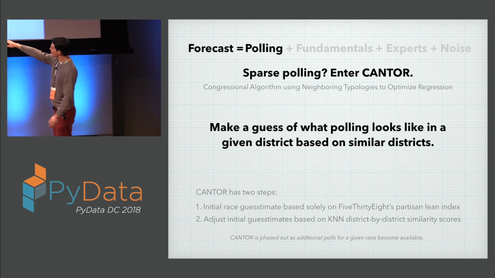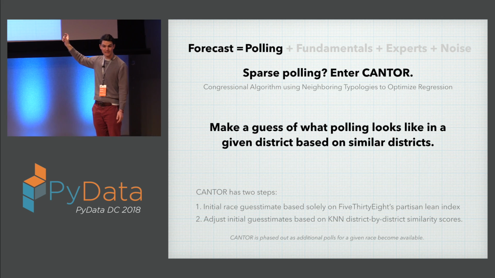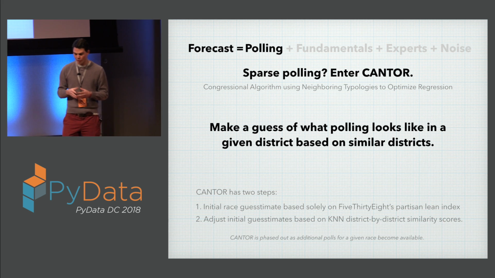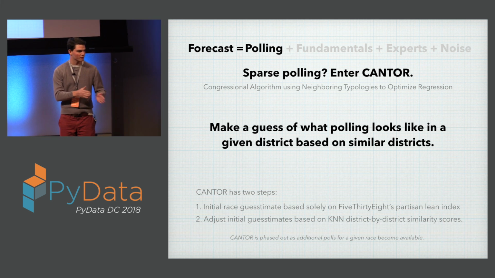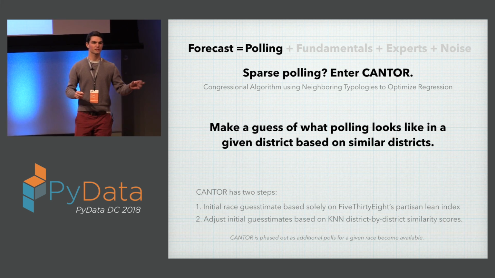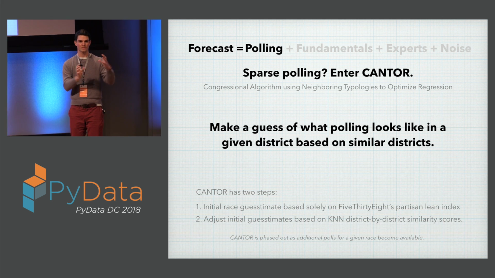Really 2 steps. An initial race guesstimate based solely on 538's partisan lean index. In other words, they think about how partisan a given district is based on its historical results. And if you just think about this district is generally plus 6R, and this other district is generally plus 6R, that's the rudimentary guess. Now, how do we adjust that rudimentary baseline?